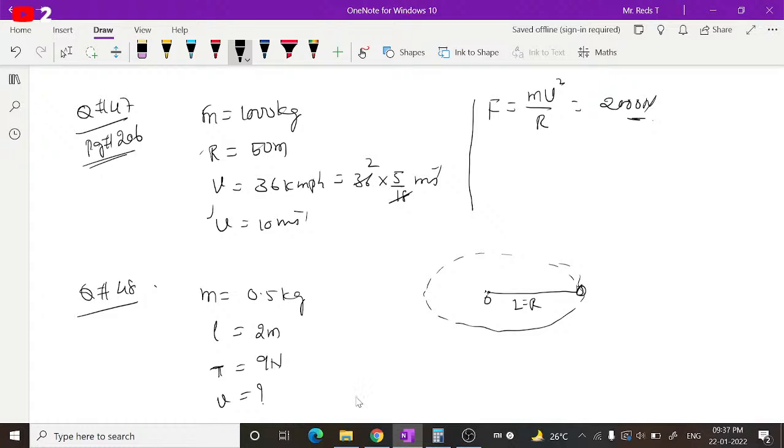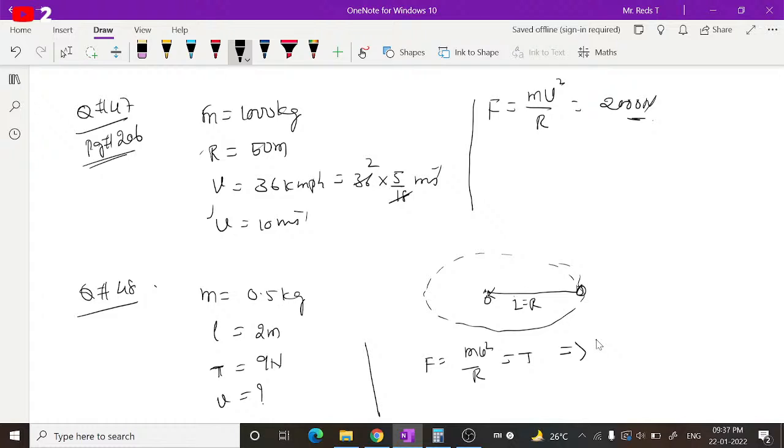To understand this, we have to use the centripetal force formula. Centripetal force is nothing but m v square by r. The centripetal force developed here is nothing but the tension developed in the string, so this can be equated to tension T. From this, maximum tension corresponds to maximum velocity.